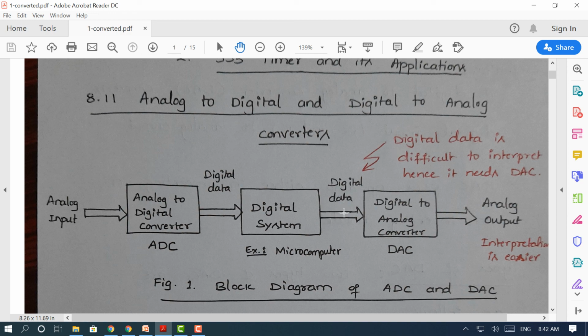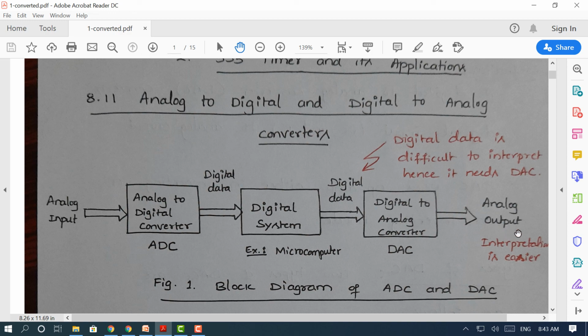Therefore, we need to convert digital data to analog form. Once again, to convert digital data to analog form, we need another type of converter, basically digital to analog converters. The circuit here takes input data in the form of digital, and gives us analog output. This analog output is easier to interpret because it's in favor of the human.